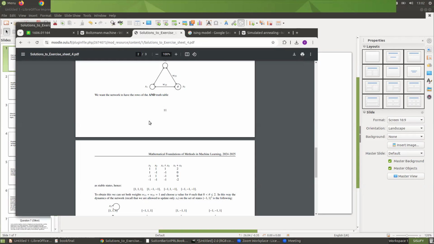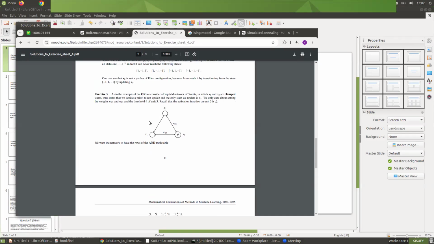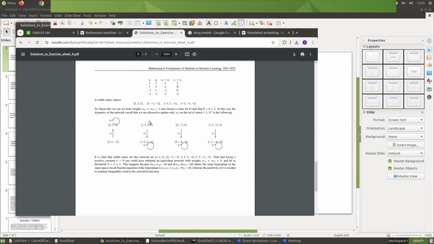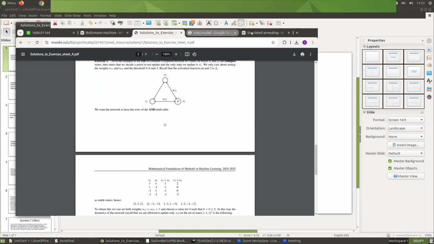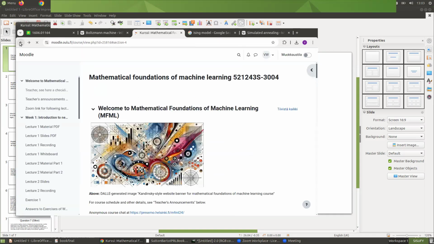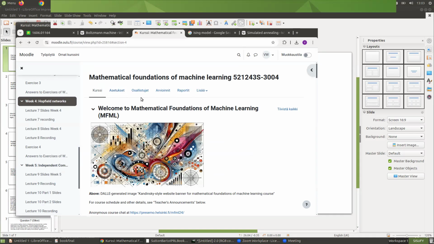So let's see what's the answer. Oh, that's a different thing. Because here, or at least in this solution, this one is easier.